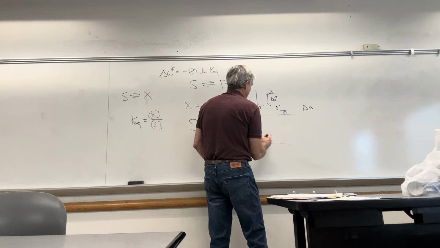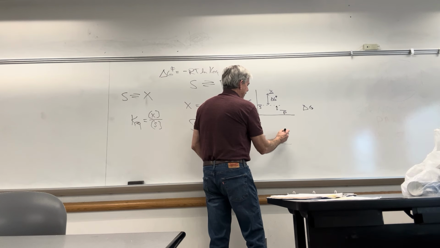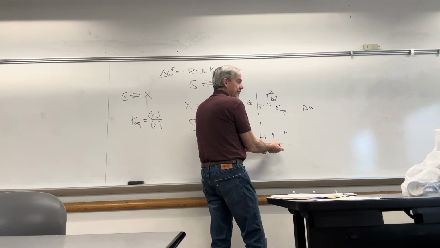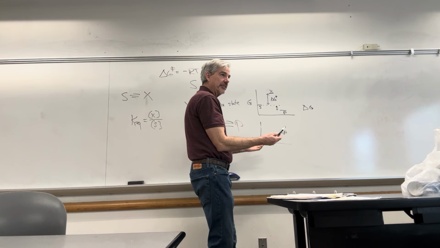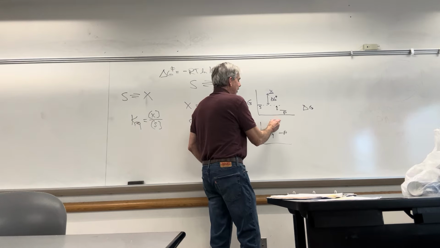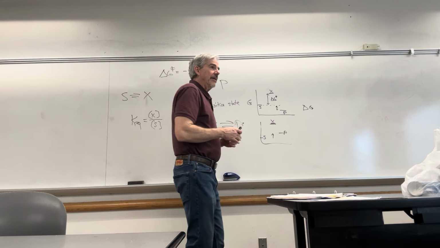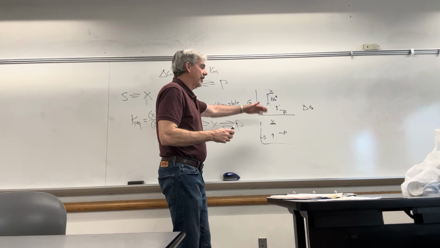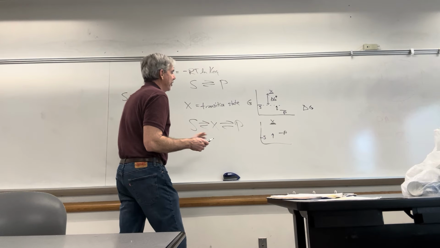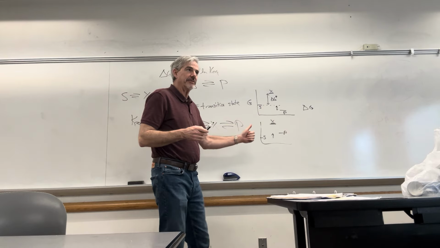We could have a reaction where the product might be a higher energy. That would be a positive change in energy, a positive delta G. That would be unfavorable, but it could exist. But the transition state always has a high amount of free energy. So it's always going to take a certain amount of activation energy to get up to that point.